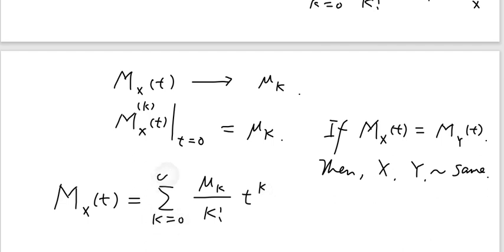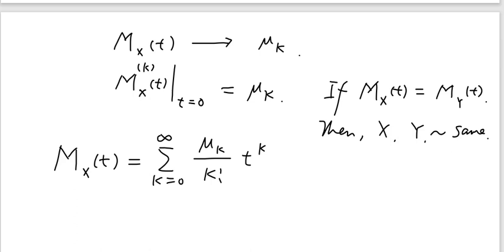This is the definition for the moment generating function. So what is mu k? Mu k is the k-th moment. So we put k factorial here, k factorial t^k.